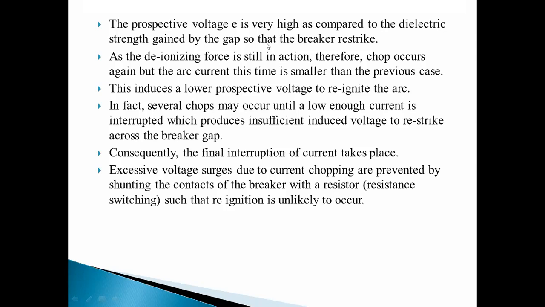And in fact, several chops may occur until a low value current is interrupted, which produces insufficient induced voltage to restrike across the breaker gap.